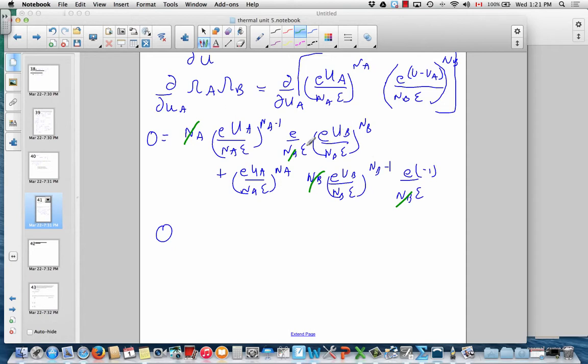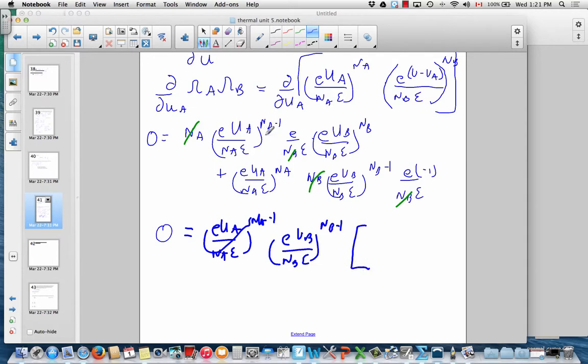And then most of this appears. This appears to the power NB. Here it appears to the power NB minus 1. So I can factor out NB minus 1 of both of those. Maybe I should do that. So I factor out NA minus 1 of those. Same thing here. Factor out NB minus 1 of those.